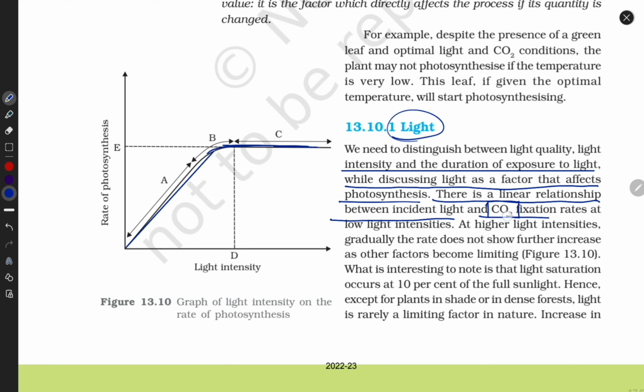If CO2 is increased, production is increased, but if light increases, at a specific level the plant shows a lower photosynthetic rate. At higher light intensity, gradually the rate does not show a further increase. After reaching this point, it doesn't show anything.